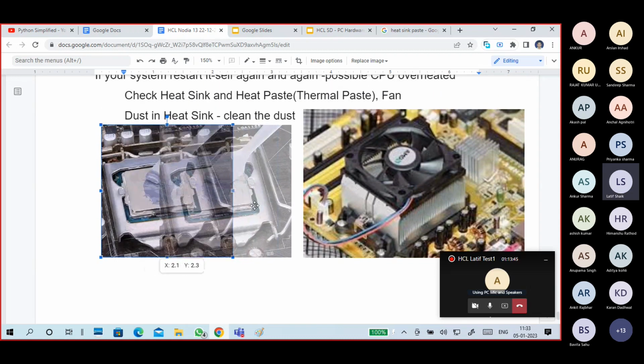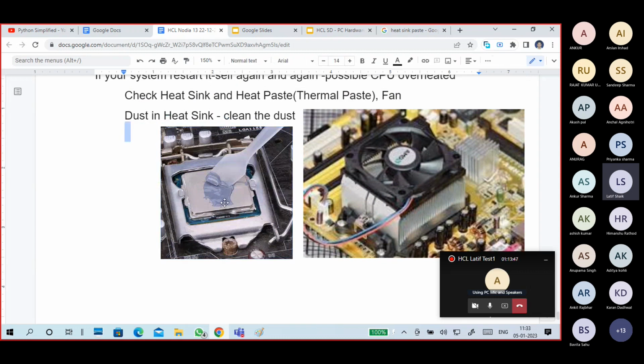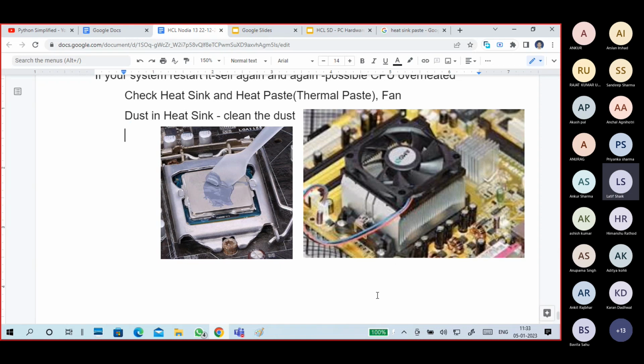So what is the use of this heat sink paste? When the processor is getting heated, the heat is distributed to the heat sink and the heat sink absorbs the heat, and because of the airflow, the heat sink gets cold. Like that, it maintains the temperature in the heat sink.